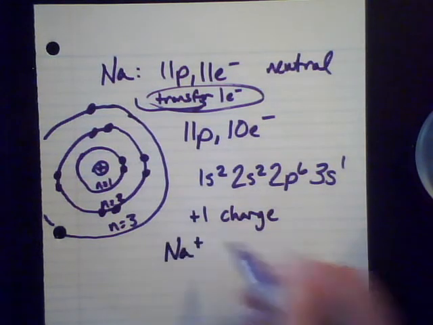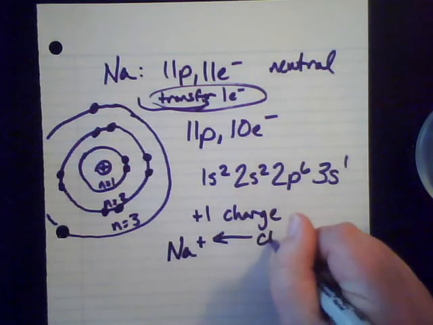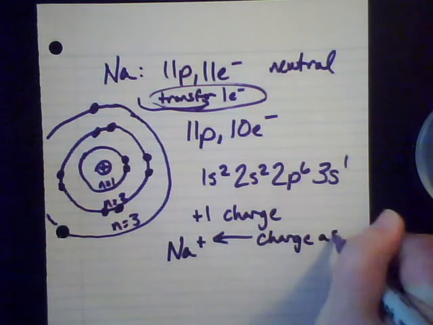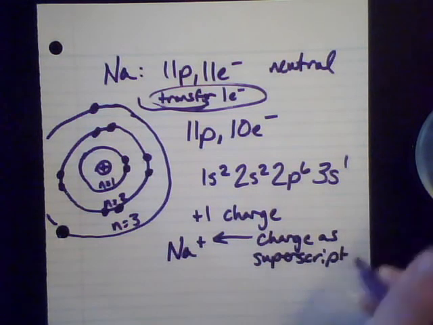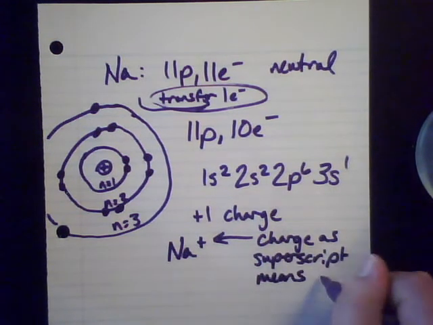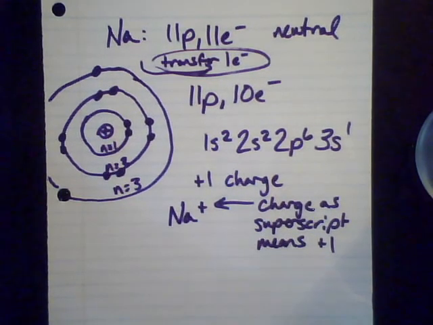So here's my sodium, and I write it like this with just the charge here. And if the charge is just a +1, then we just do the sign. And we can talk about that a little bit more later. It's different if you have more than one charge, but there's my cation.